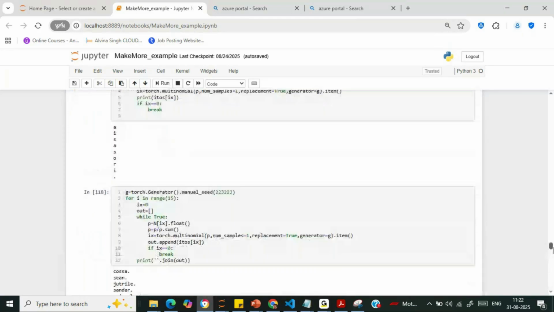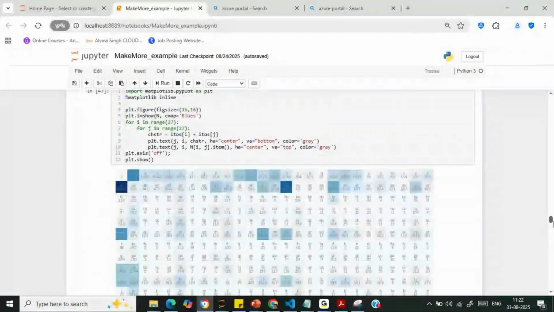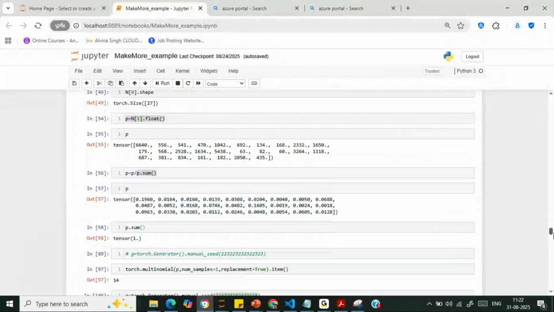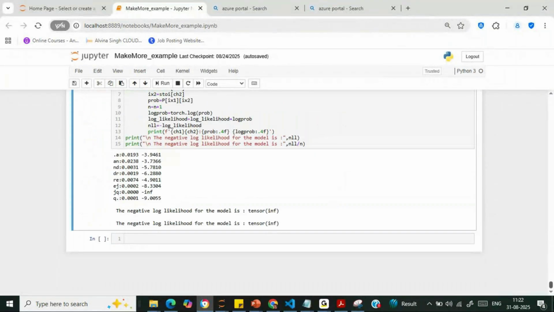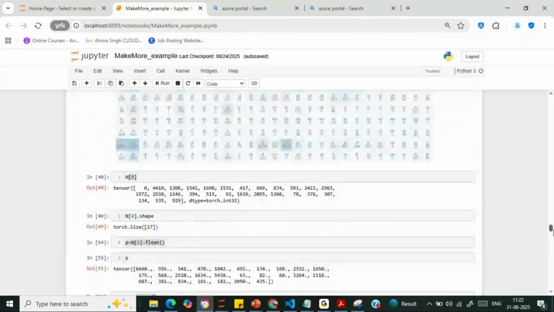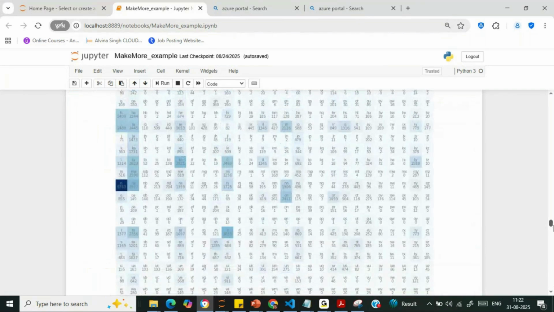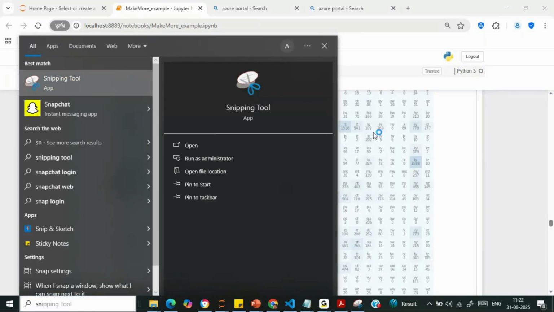J over here, just have a look. What is the Q after J? I just need to take J and Q. Okay, just have a look over here. Let me try to increase it.